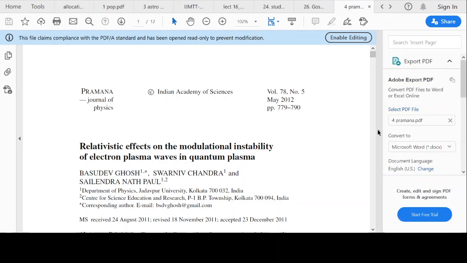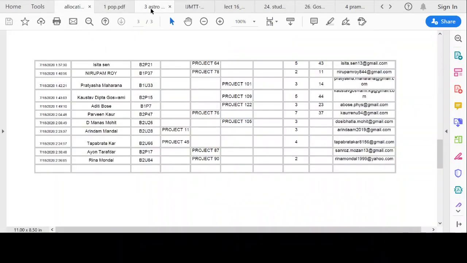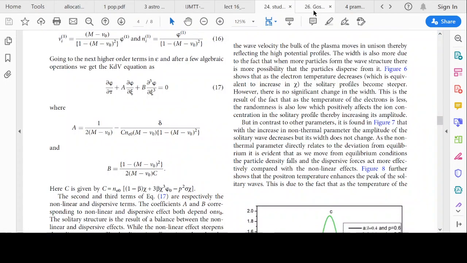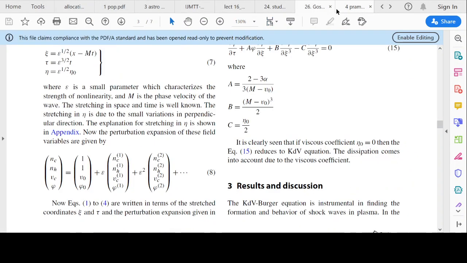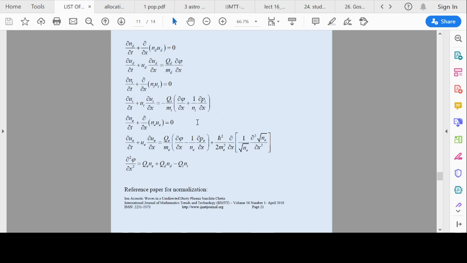Let me show you. Here what I asked you, I said you can include relativistic streaming effect. So these equations must be this UD into gamma, and this would be UD into gamma.